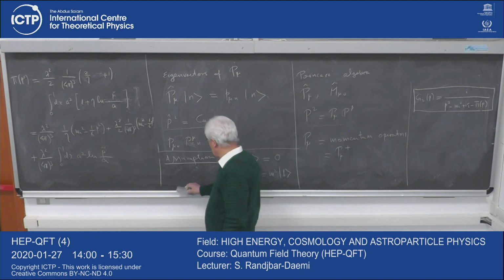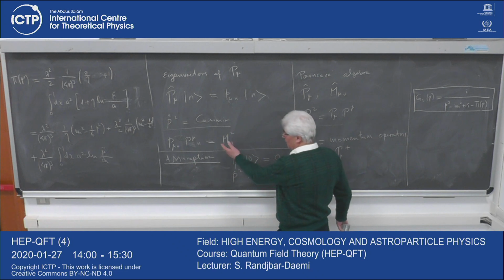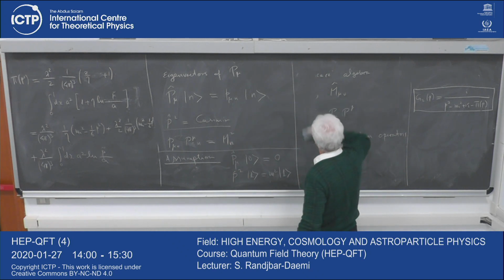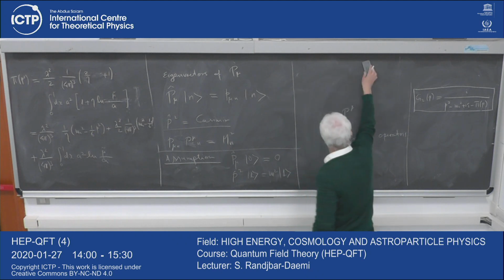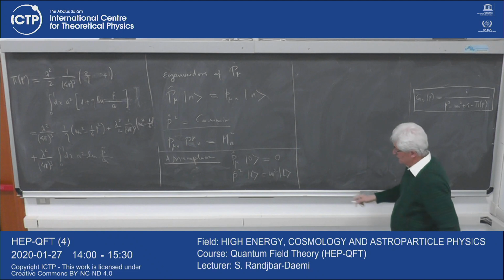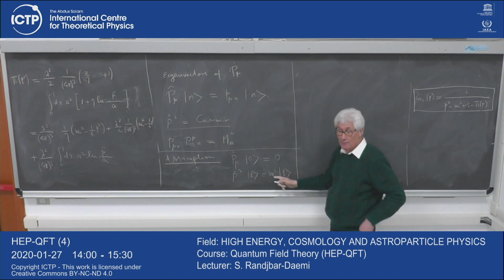Okay? And then, of course, there are plenty of eigenvalues. For example, if there is a bound state in the spectrum of this problem, there is an eigenvalue just above m squared, but below 4m squared.